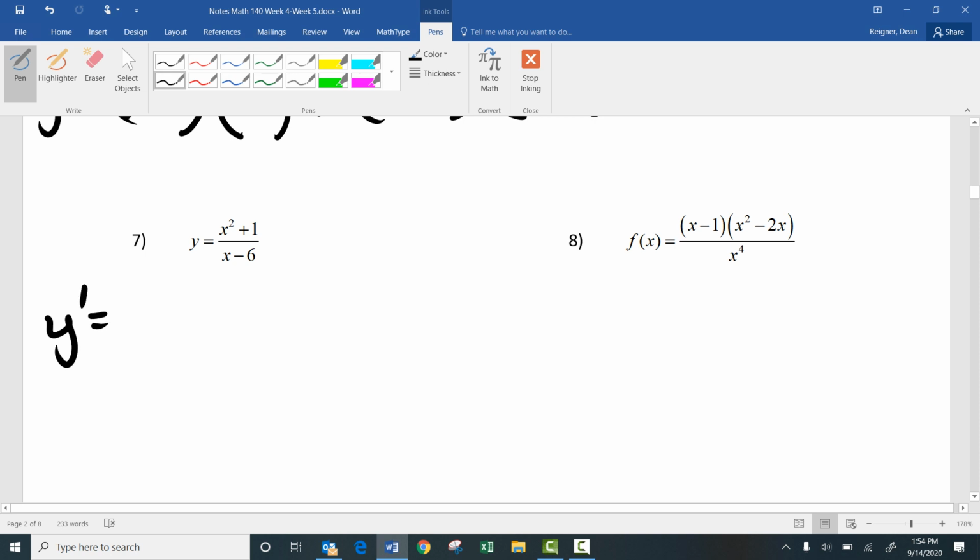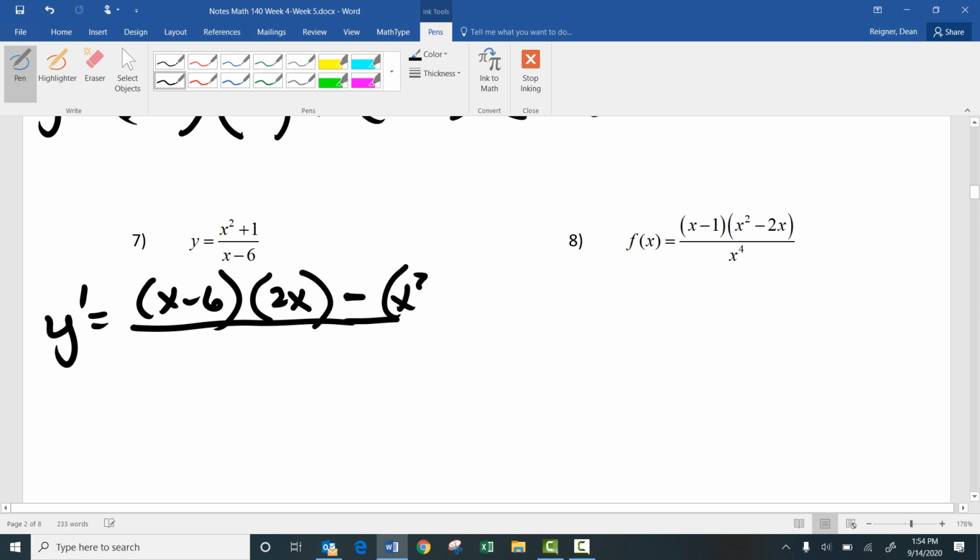The derivative of y is y prime. So here we go. The quotient rule is you start with the bottom guy. I call him the bottom guy. Bottom guy times the derivative of the top, minus top guy, derivative of the bottom. The derivative of x is 1. The derivative of 6 is 0.